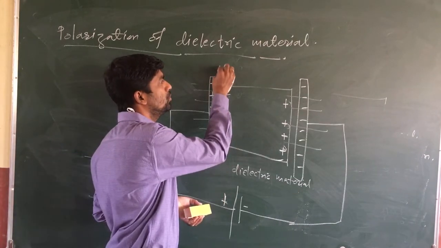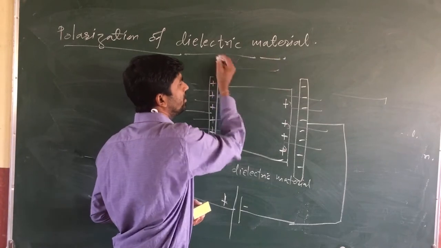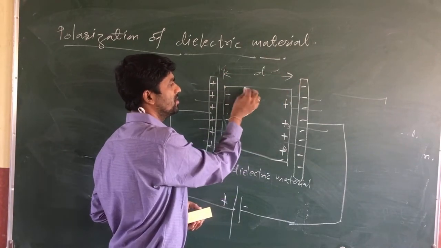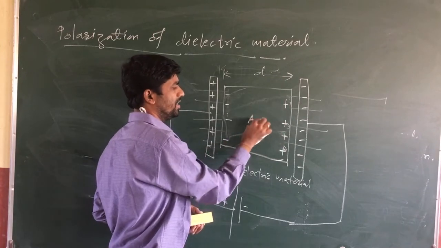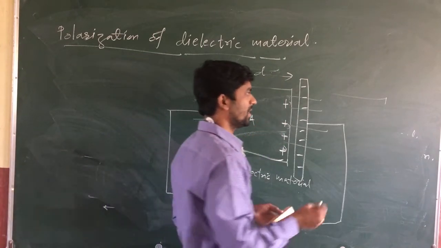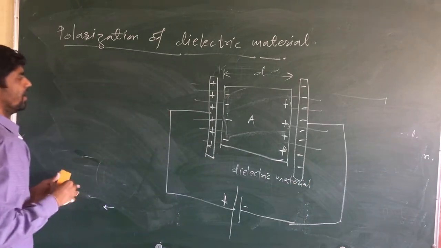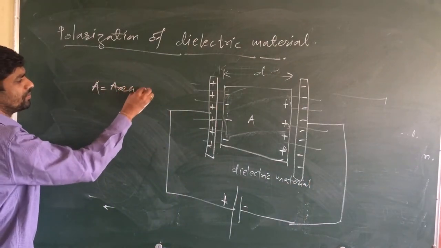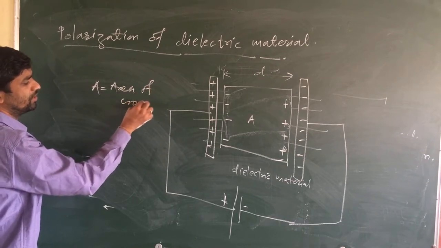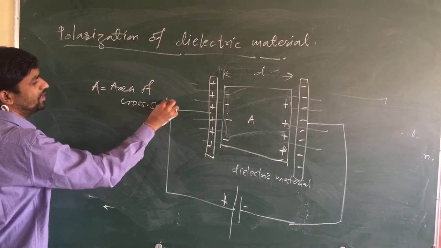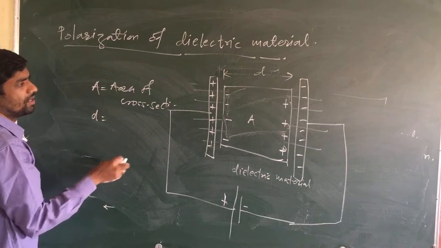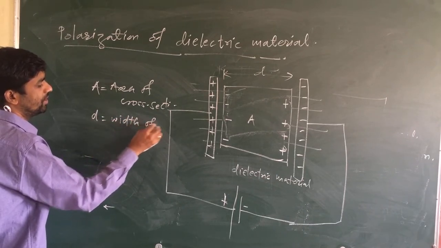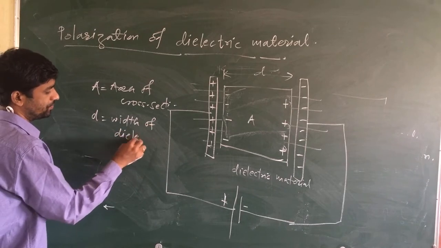Suppose the dielectric material between the two plates has thickness D, and its surface area is capital A. What is capital A here? Capital A is the area of cross section. And D is the width of the dielectric slab.